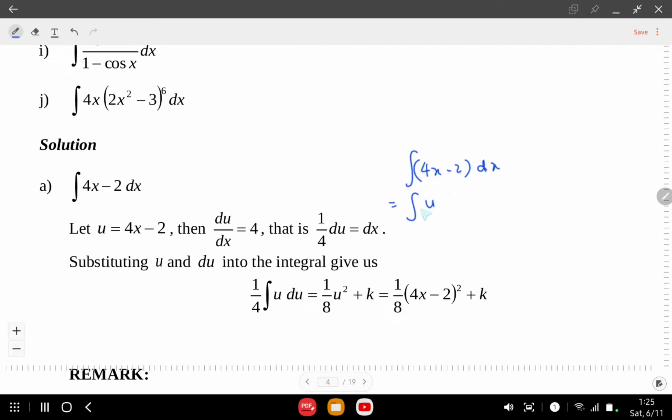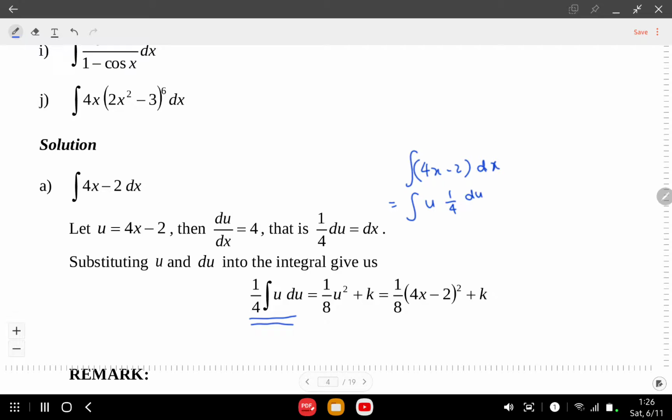So how about our dx? From here our dx is 1 over 4 du. And then 1 over 4 kita boleh bawa keluar lah, sebab dia hanyalah nombor dia tak terlibat dekat dalam integration. So kita akan dapat 1 over 4 integration of u du.